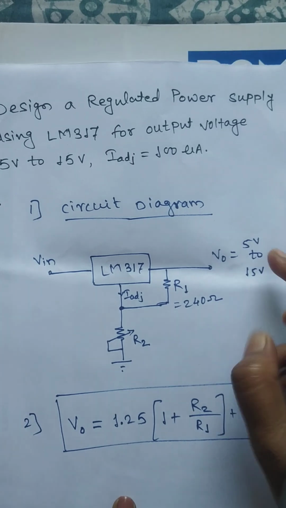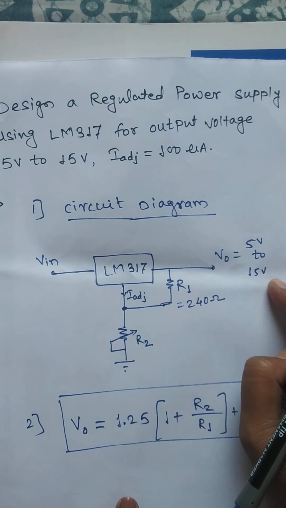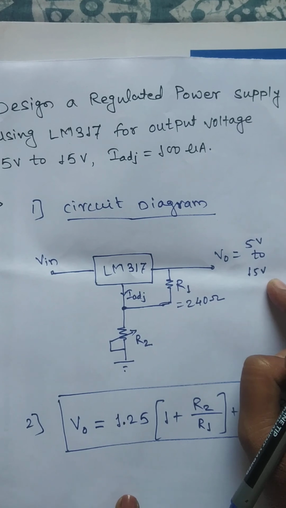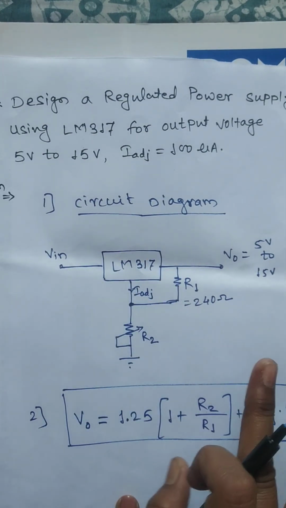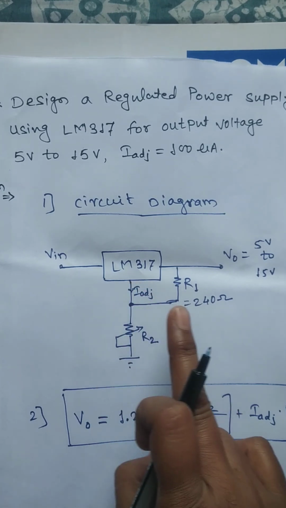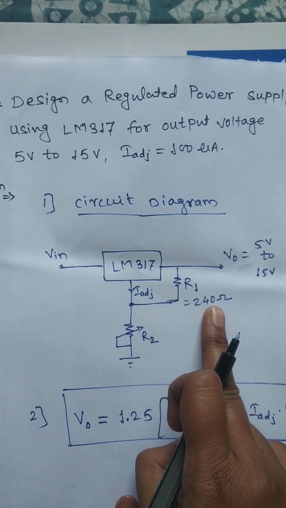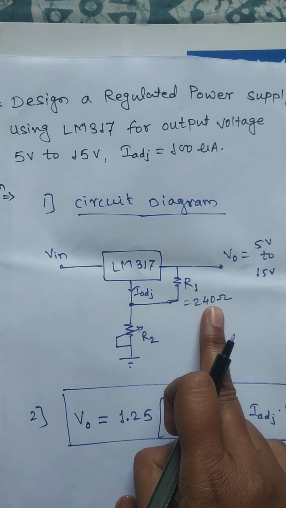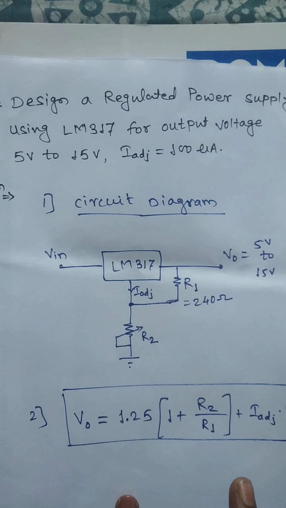So 5 volt is the minimum output voltage and 15 volt is the maximum output voltage. And designing this circuit means finding out the values of all the components. Now the IC we know, the R1 value we take as the fixed value 240 ohm, and only one component is remaining, that is we need to find out the value of R2.